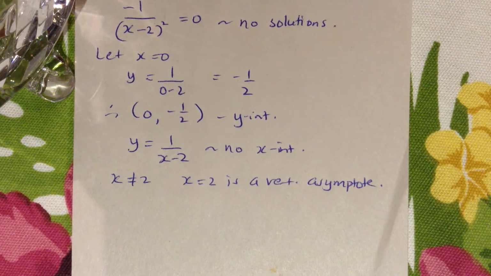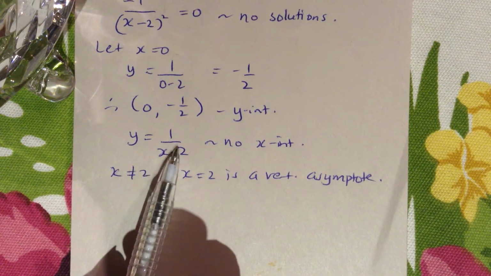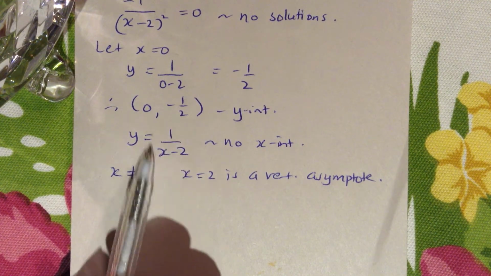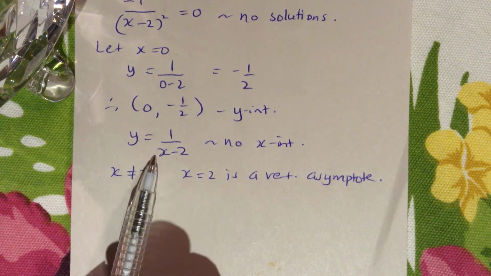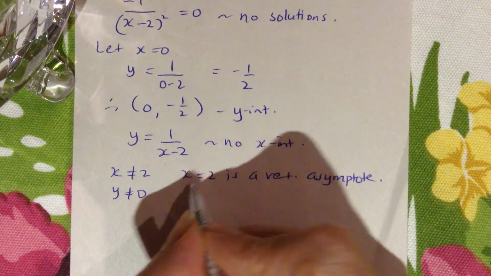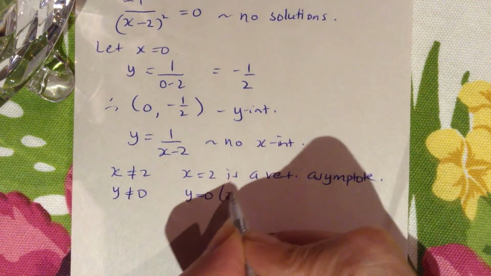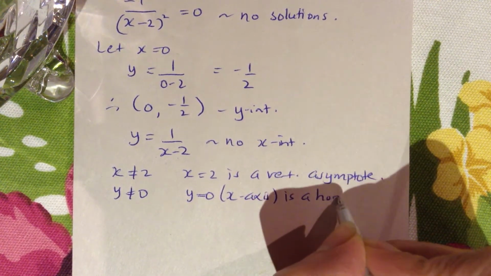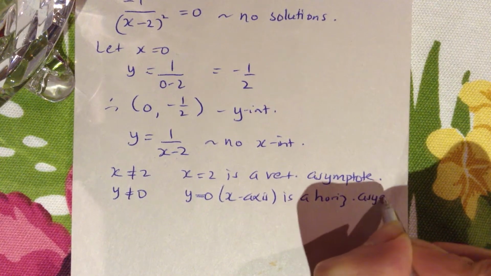Okay, looking for other asymptotes, y cannot equal to 0 either because you've got 1 over x minus 2, and that number can never be 0 no matter what x value you put in there. So y cannot equal 0, which means that y equals 0, which is our x-axis, is the horizontal asymptote. Okay?